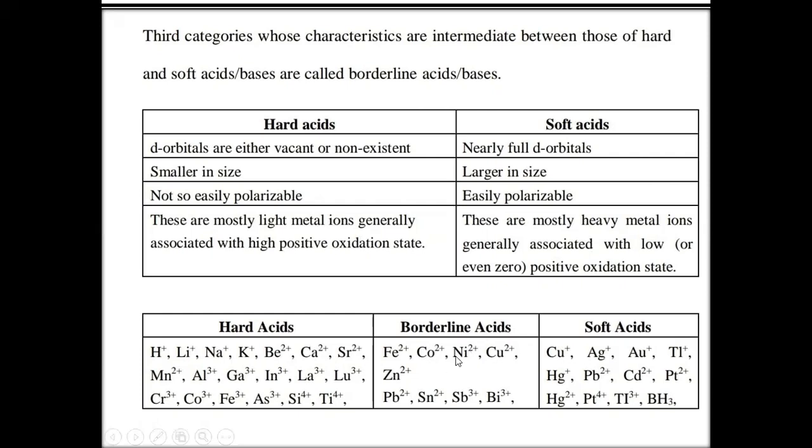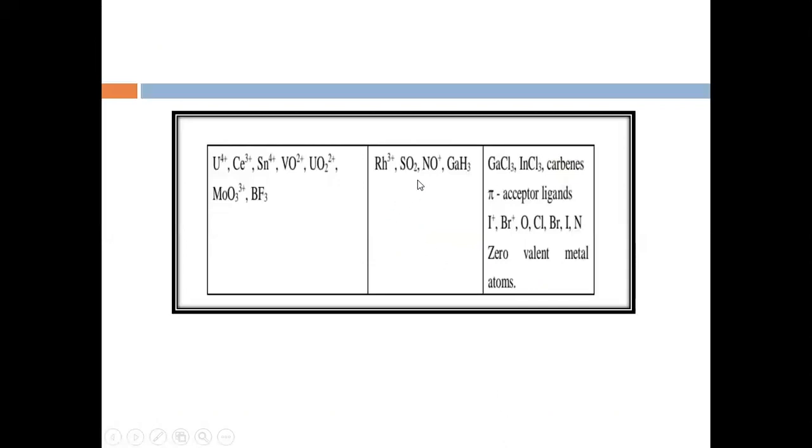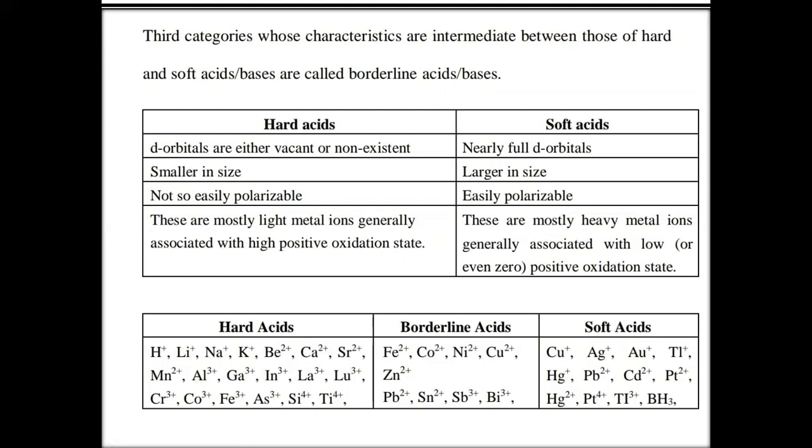Examples are Fe plus 2, cobalt plus 2, nickel plus 2, copper plus 2, zinc plus 2, lead plus 2, tin plus 2, antimony plus 3, bismuth plus 3, rhodium, sulfur dioxide, nitronium ion, gallium hydride. These have borderline characters between the hard and soft acids.